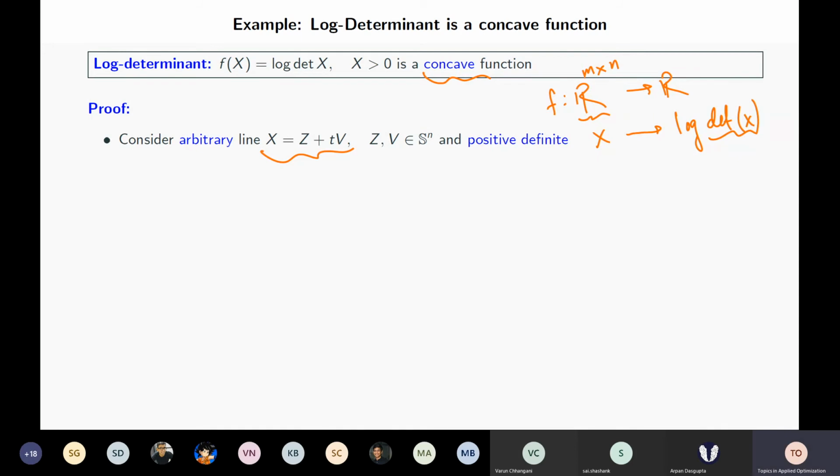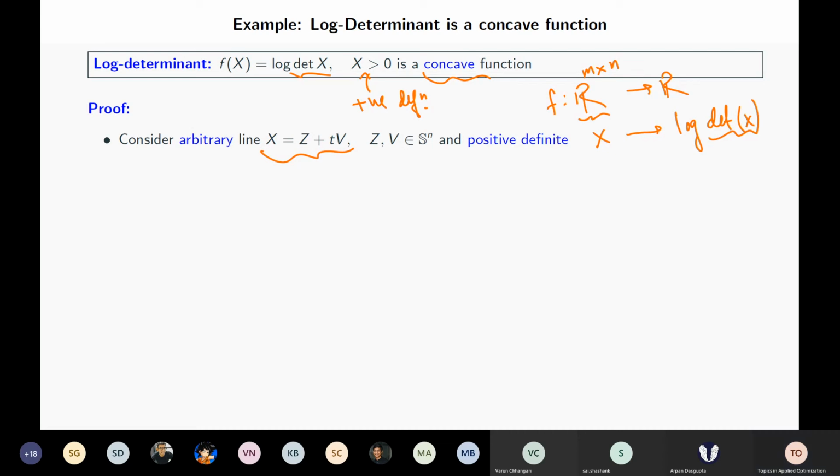It is also given that this function is defined for positive definite matrices. So the domain is the set of all positive definite matrices. The reason we take positive definite is that log is defined only for those; it's safer, because at 0 the log goes to minus infinity.